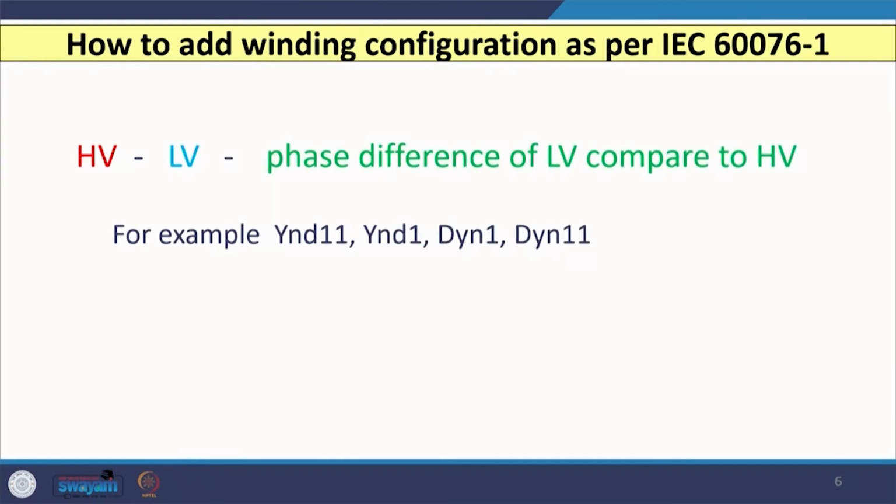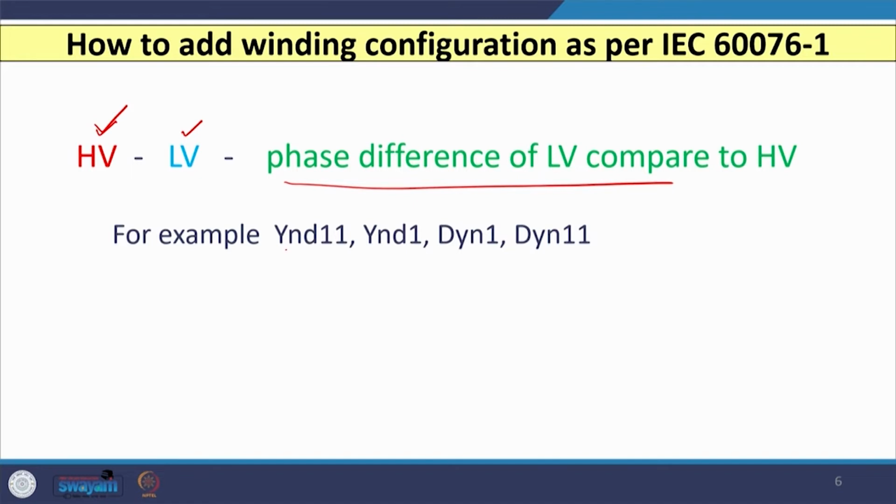As per this IEC 60076-1, it is mentioned that first you have to always mention the HV winding, then the LV winding, and after that the phase difference of the LV compared to the HV, and your HV winding is always considered as the reference phasor.